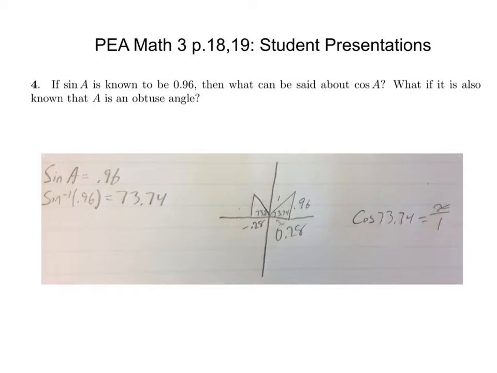And I did cosine 73.74 equals x over 1, and I got 0.28 for that side. And then it says, what if it is also known that A is an obtuse angle? And so I just draw the same reference triangle on that side, and so you just change the sign.